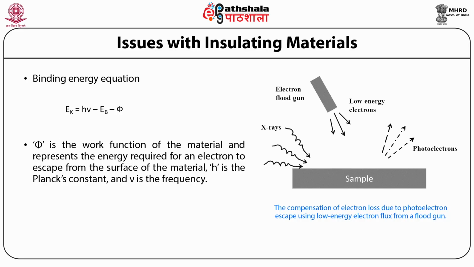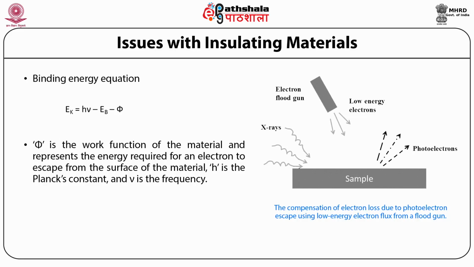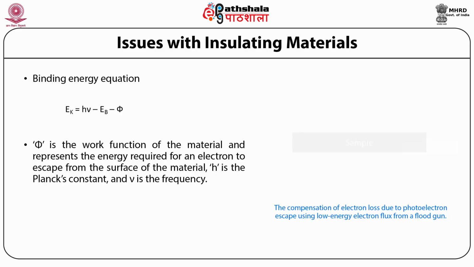When a conducting material is electrically contacted to a spectrometer, in the equation above, phi is the work function of the spectrometer and its value is constant. However, for an insulating sample, it is not certain and is related to the surface potential of the material. Photoemission from an insulating material builds up positive charges on the surface of the sample.